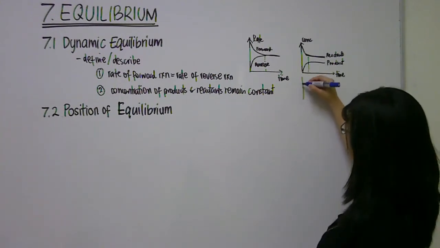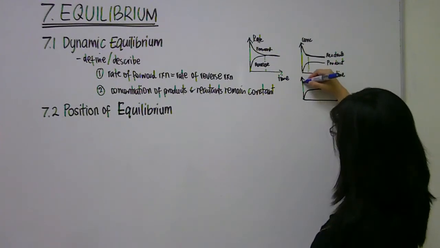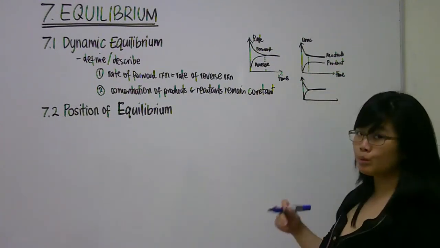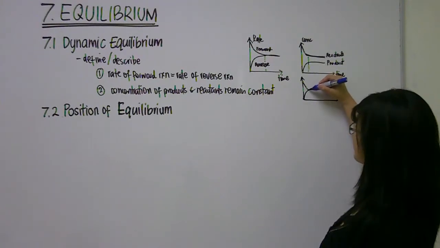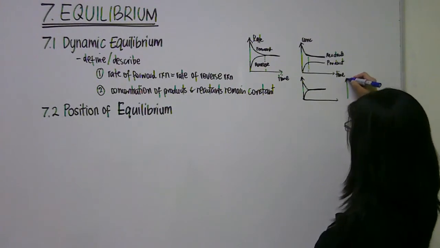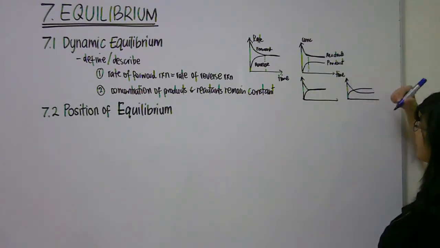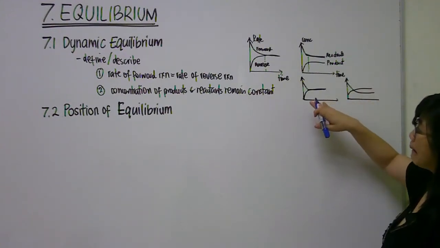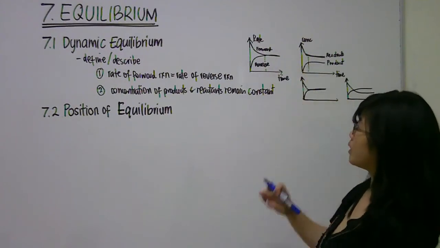But for this, they can also be the same. The concentration at equilibrium can be the same, but most importantly, once equilibrium is attained, the line becomes horizontal, okay? It can also become like, okay, three are possible for the concentration, but for the rate, they must be the same when equilibrium is attained.